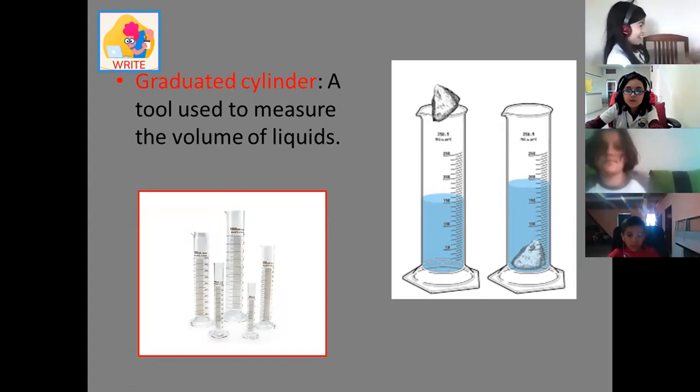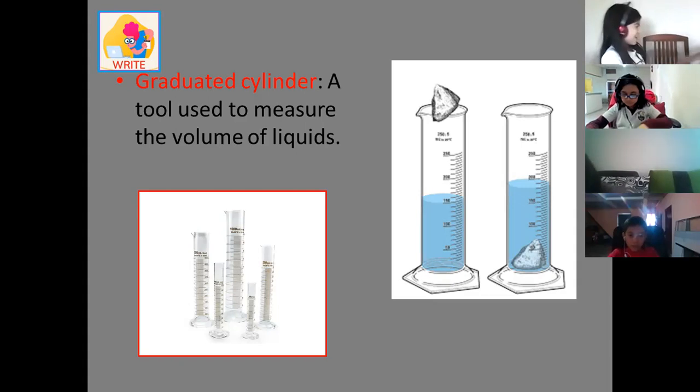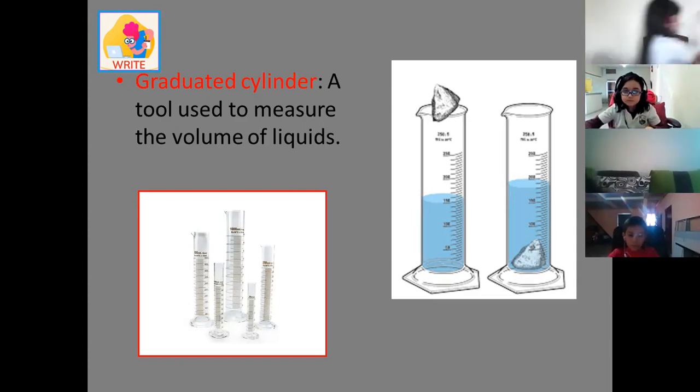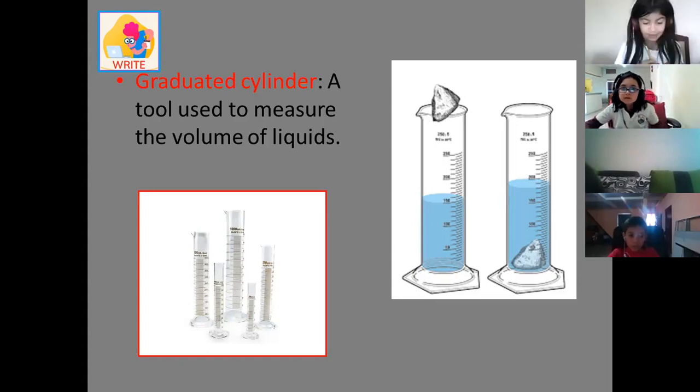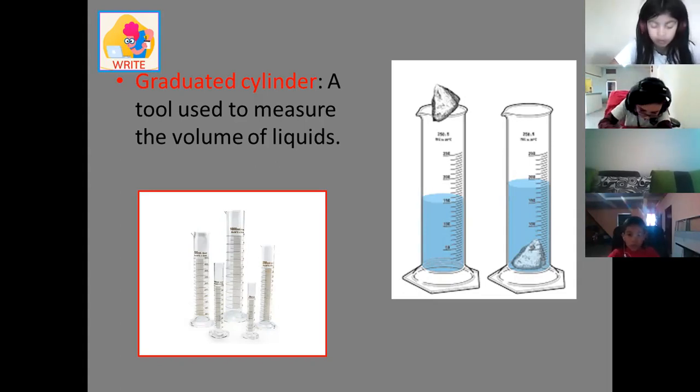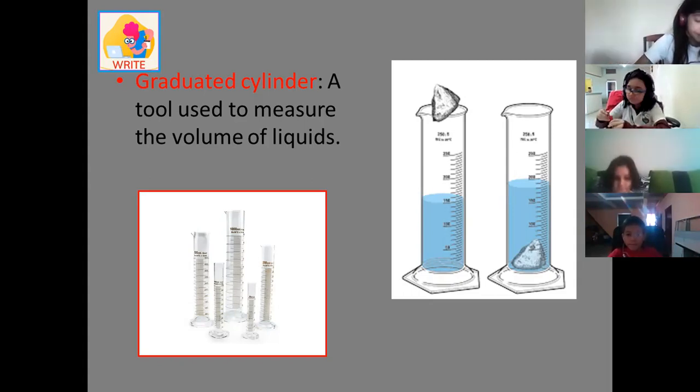A graduated cylinder is a tool that is used to measure the volume of liquids, and they look like that. You can even find it in the book, in a picture, where they mention that scientists use this special tool. It's a kind of measuring tool called a graduated cylinder.